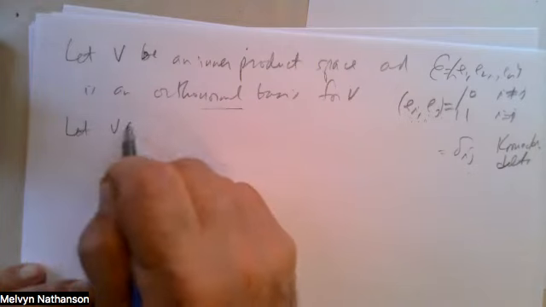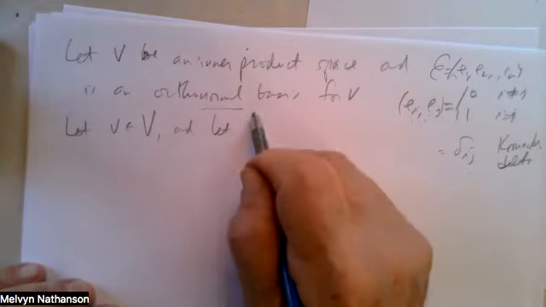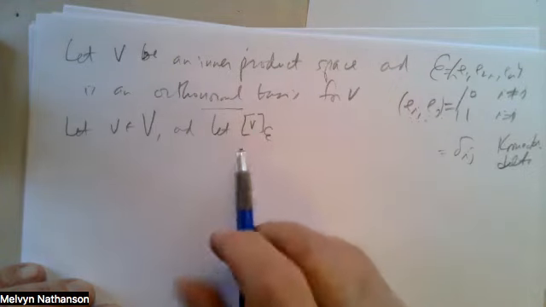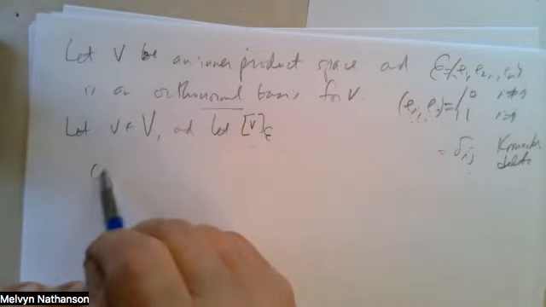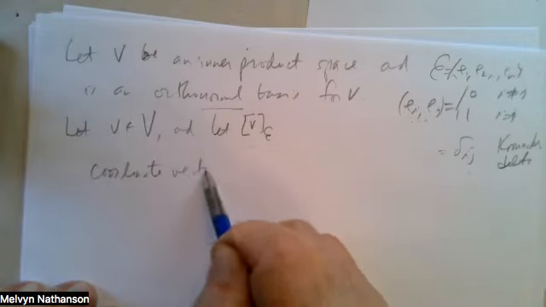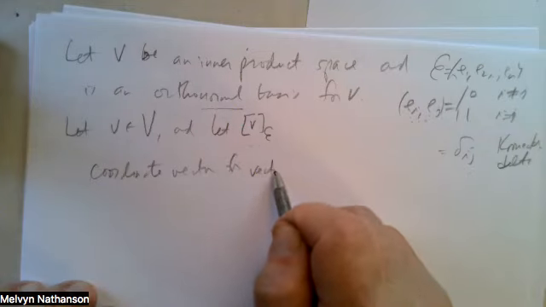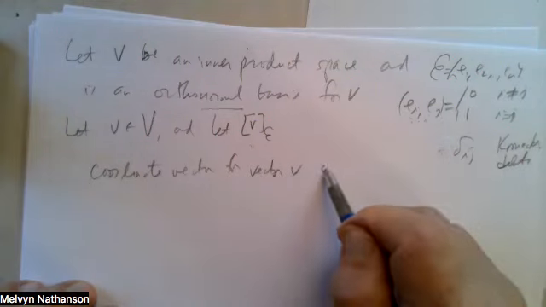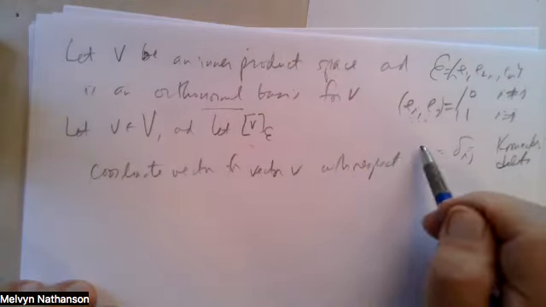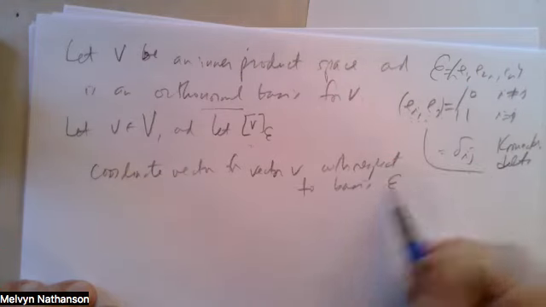So let v be any vector in V, and let the coordinate vector for v with respect to the basis E be as follows.